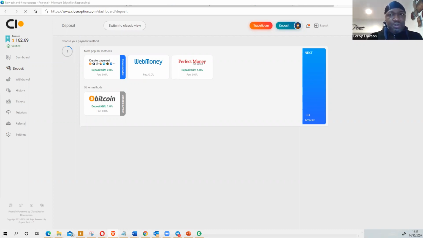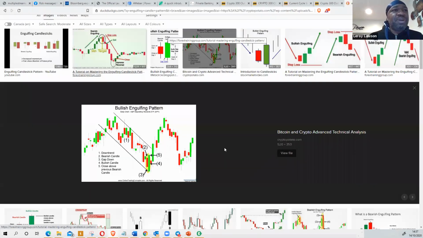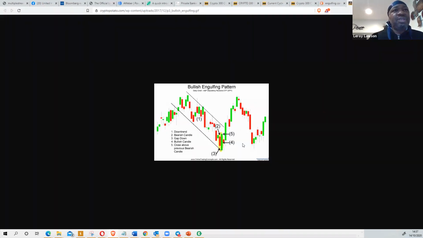All right, so I'm just doing a quick search here on engulfing patterns. Okay, this is pretty darn good. So check this out. This is actually almost the same pattern. This is more what I really want to look at, this engulfing pattern here. It's a similar kind of thing to what we've got.